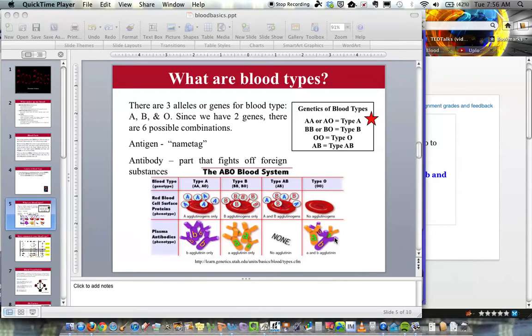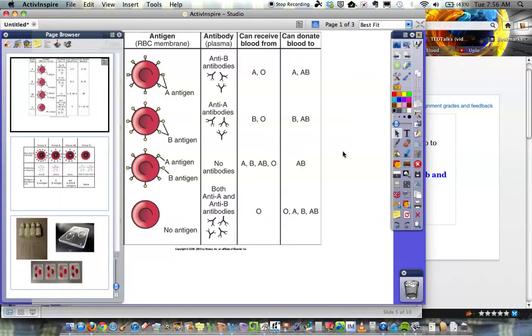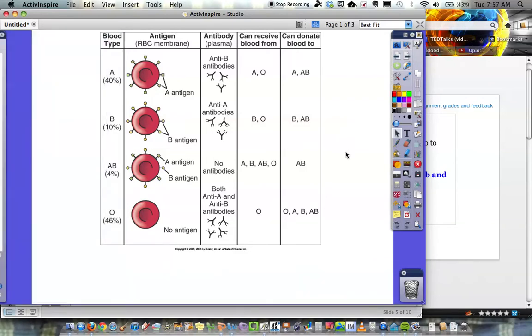Okay. I want to show you this same chart in another format, and it sometimes is helpful to see it another way. We'll come back to this genetics of blood types in just a moment. Here is one version of another type of this same chart, okay? Don't mind so much about these percentages at the moment. Type A blood, here again, would have A antigens on its surface, these little green squares representing A antigens.